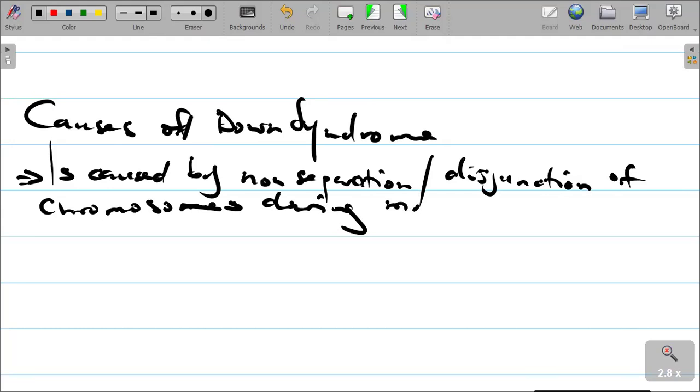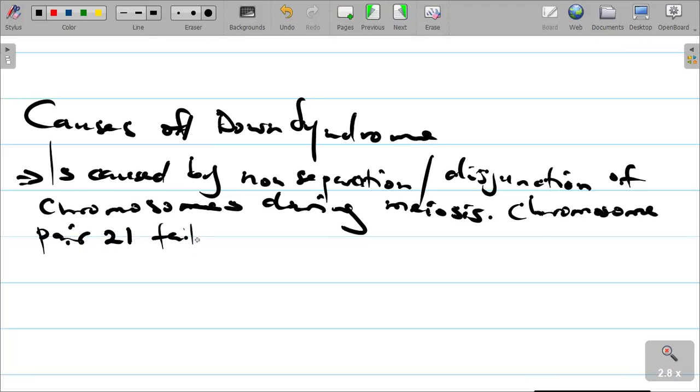Non-separation of chromosomes during meiosis, which can be either meiosis 1 or 2. What happens there is that the chromosome pair 21 fails to separate during anaphase 1 or 2.